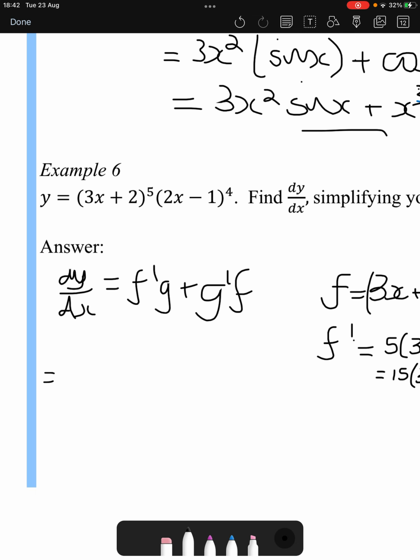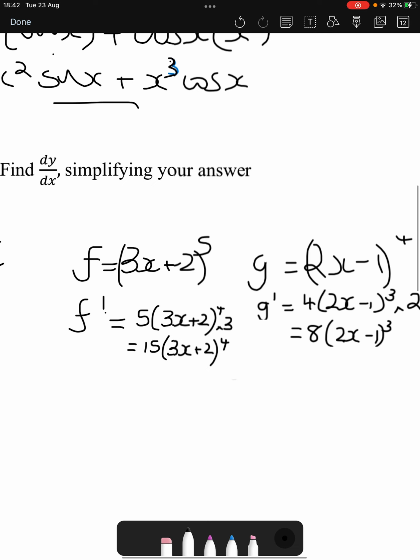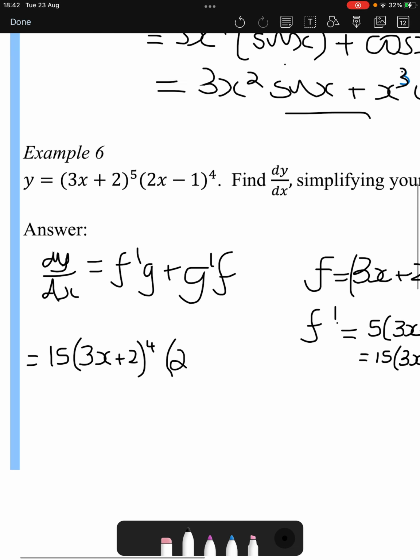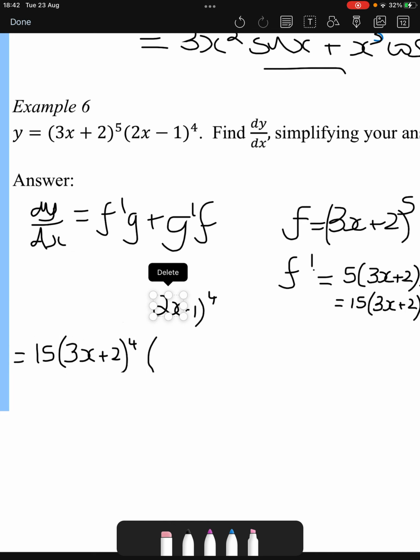Right, so if we chuck this in, I'm just going to take it here. F dashed was 15 (3x plus 2) to the power of 4, times by G, which is (2x minus 1) to the power of 4. Plus, I'm going to need to move this down.